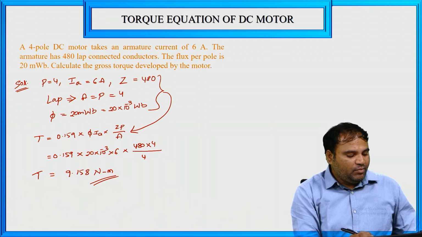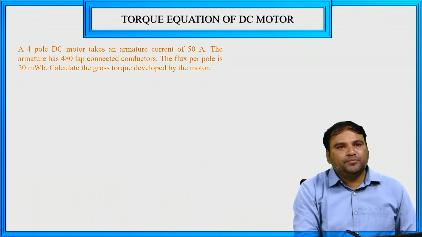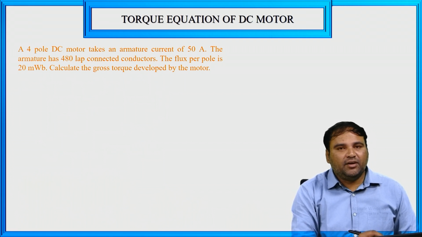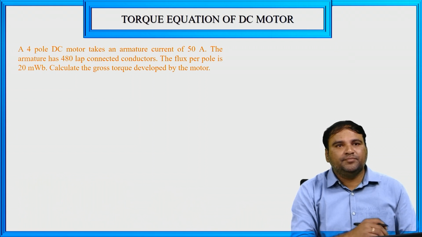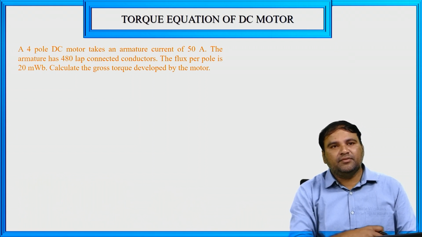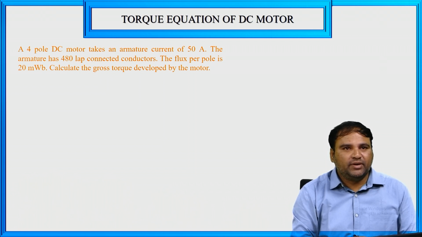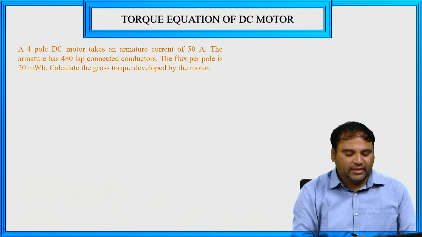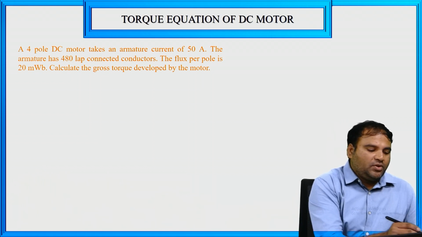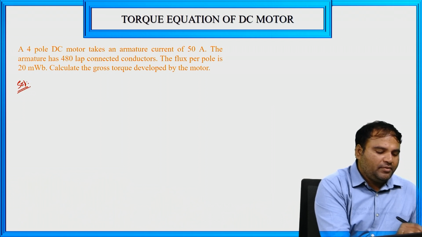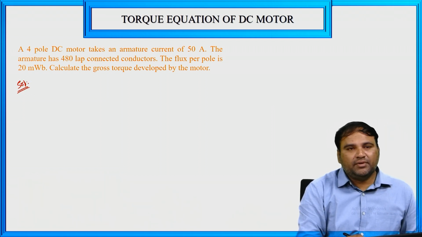So I will take one more problem. A 4-pole DC motor takes an armature current of 50 amperes. The armature has 480 lap connected conductors and the flux per pole is 20 milliweber. Then calculate the gross torque developed by the motor. So now here also first we have to write the given data.